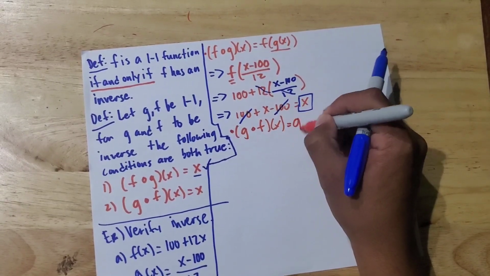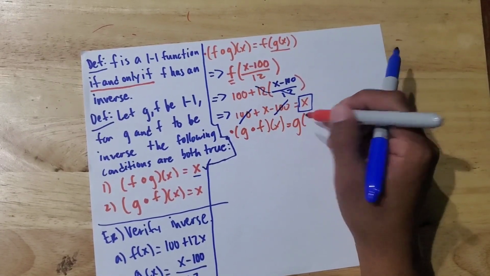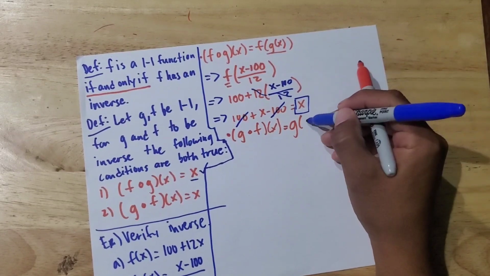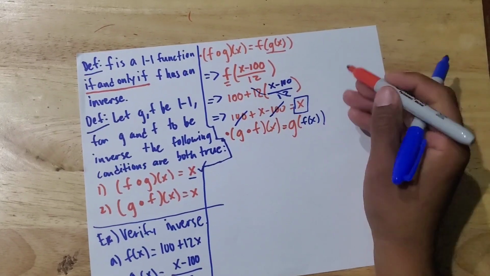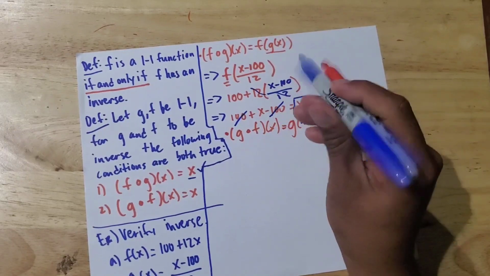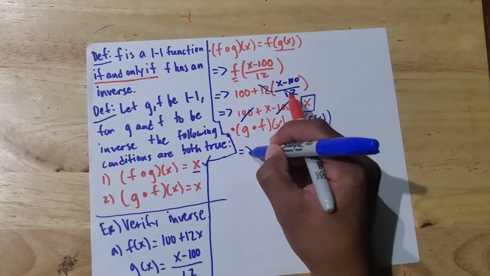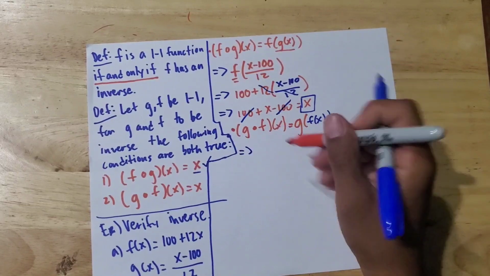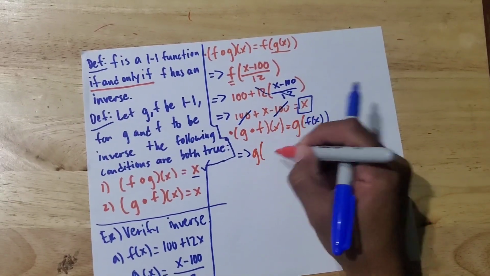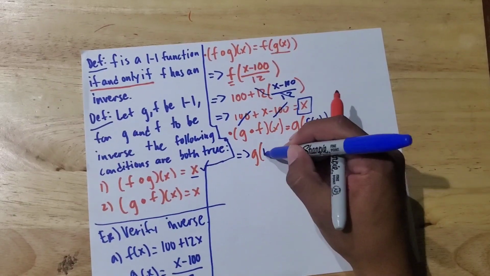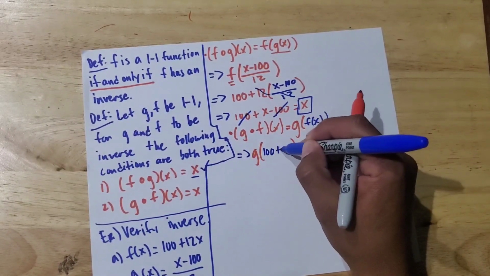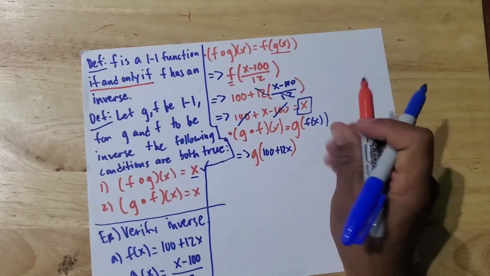So that means now we're taking f of x and plugging it into g of x. That's going to look like this. It's going to be g, and then inside of here is f of x, which we know is 100 plus 12x.